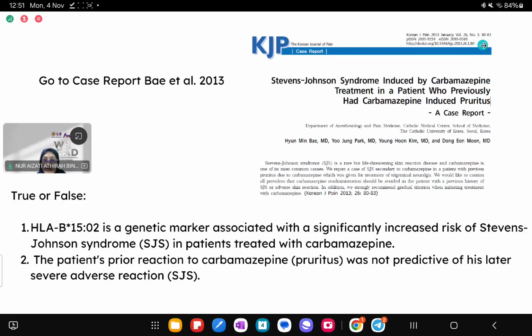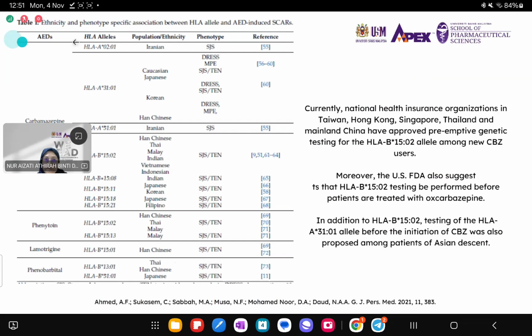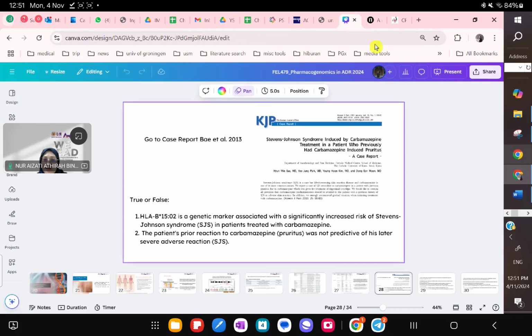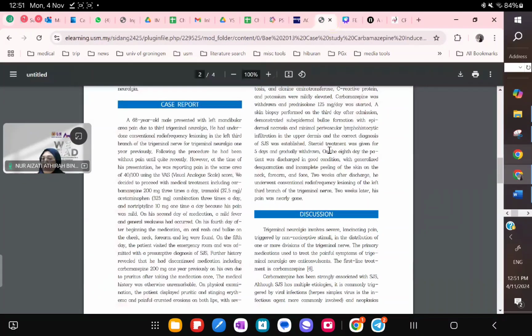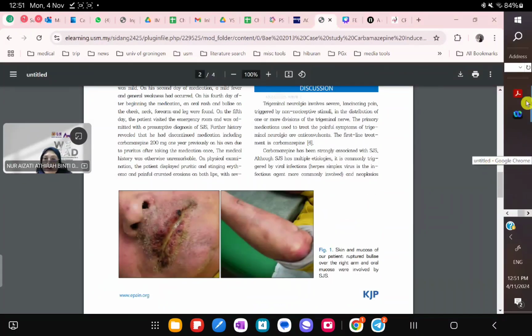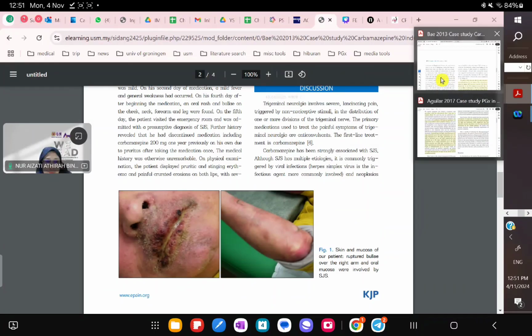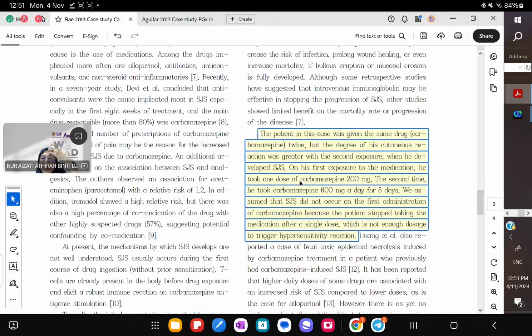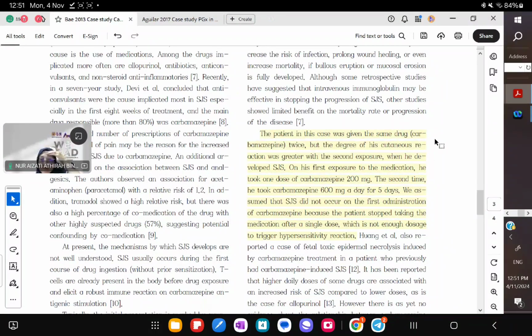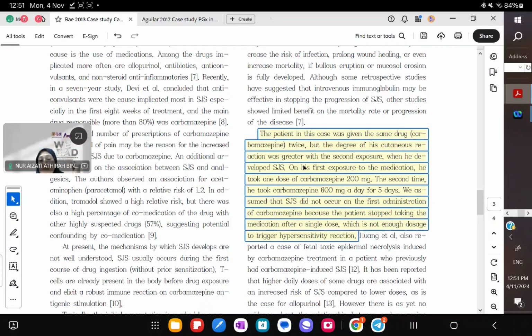So if you can see here dekat dalam, so if you can read back this patient tadi, this patient was given the same drug, carbamazepine, twice, but the degree of his cutaneous reaction was greater with the second exposure when he developed SJS.